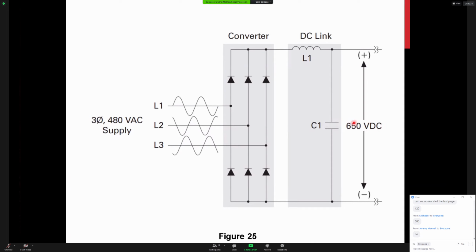So this is important to recognize the voltage limitations in a variable frequency drive. So we can have positive 650 or we can have negative 650 with respect to the other terminal. So 650 volts is the maximum voltage that our inverter section can switch.